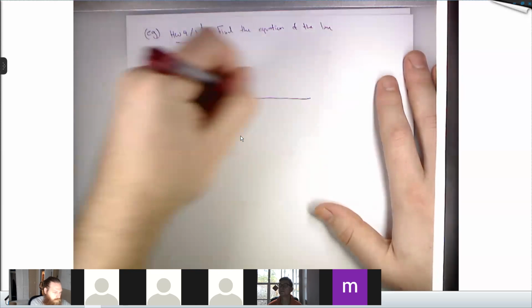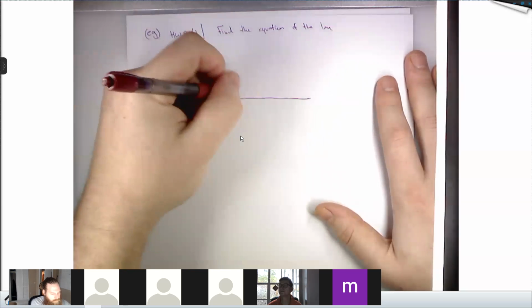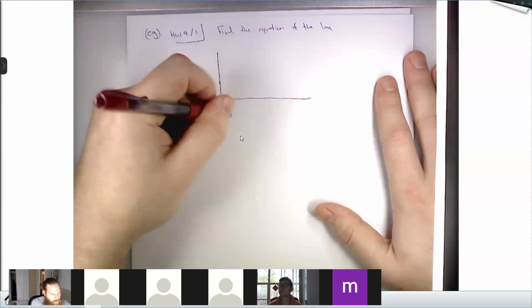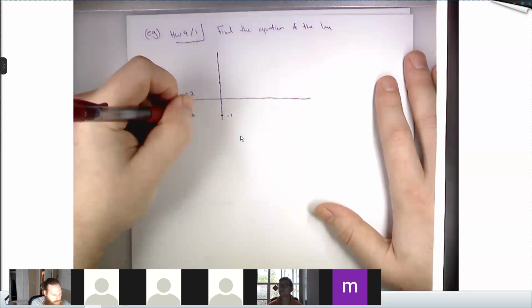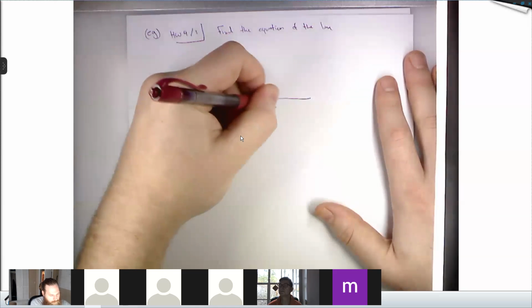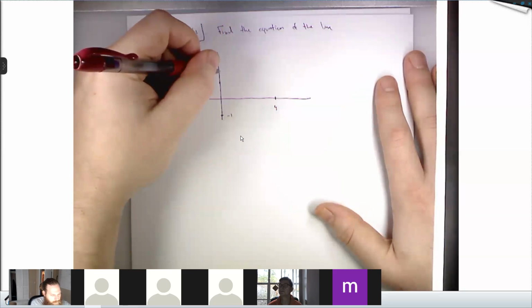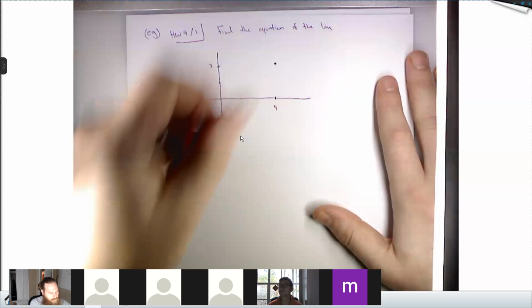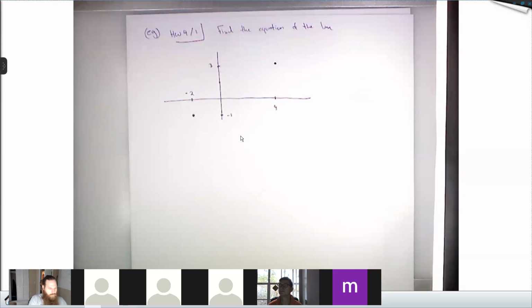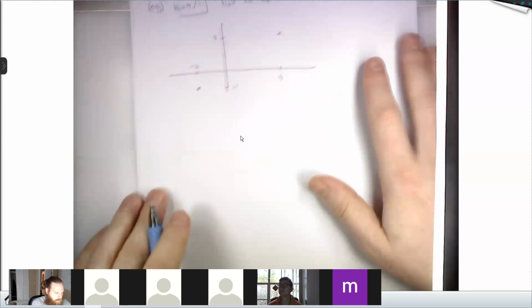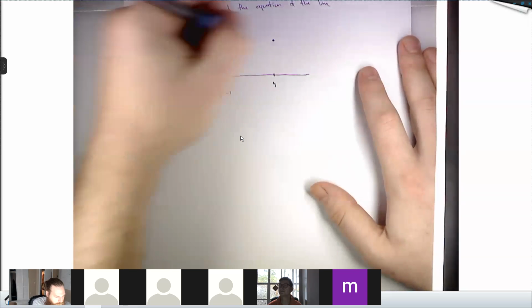So I'll go ahead and make up some values for these points. Let's have one of them be over here at -2, -1. And let's have another one be over here at 4, call this 3. So I'd like to find the equation of the line between these 2 points.